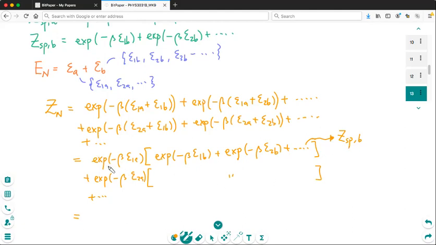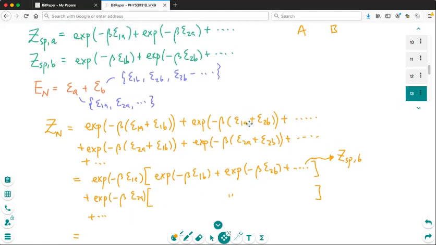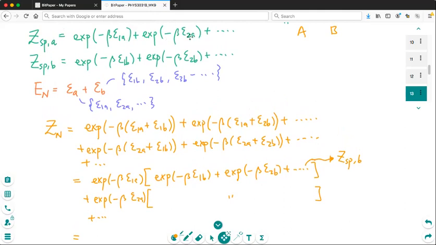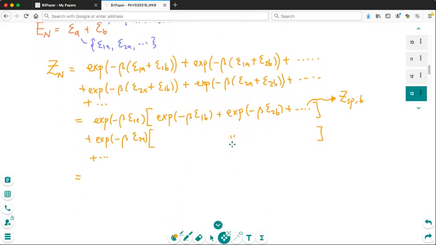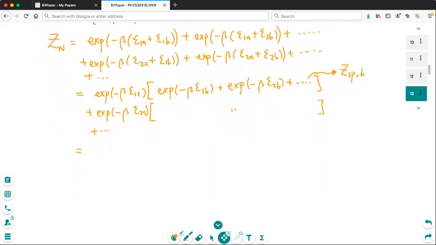Once I pull this out, I have the sum of this. What is the sum of this? This is e to the minus beta epsilon 1a, epsilon 2a, epsilon 3a, the line above. So in the end, the result is a product of this.